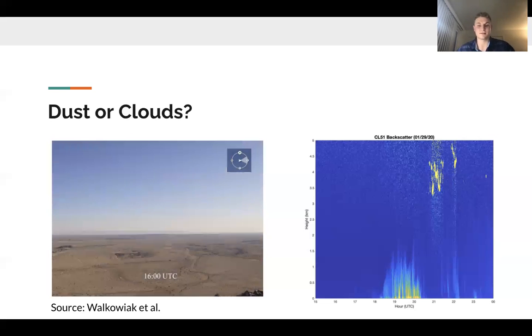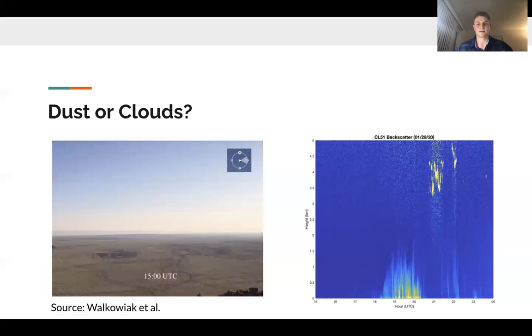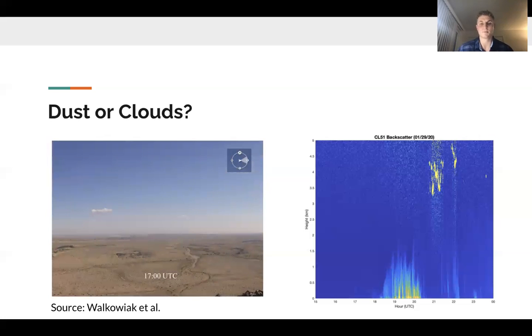As you can see around 1900 UTC, there is this huge plume of suspended dust within the first 2 kilometers of the atmosphere. But the issue is we start to see this interaction around 2100, which is 2 p.m., of these cumuliform clouds moving in.